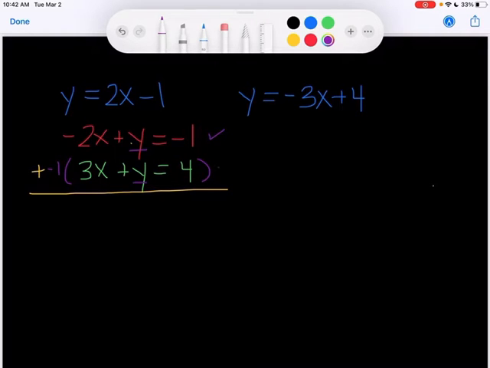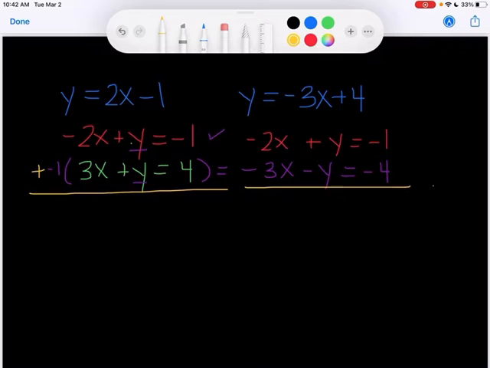So when I multiply through by negative 1, I end up with negative 3x minus y equals negative 4. I'm going to bring over negative 2x plus y equals negative 1 because I'm not doing anything to that one. Now, if we add these two together, the y's will cancel out.